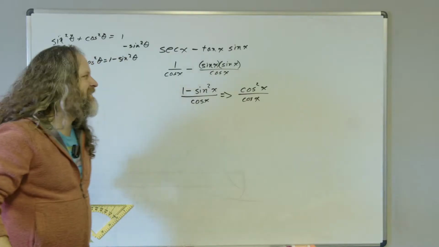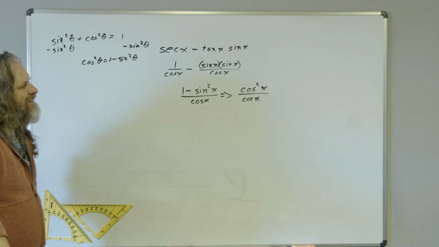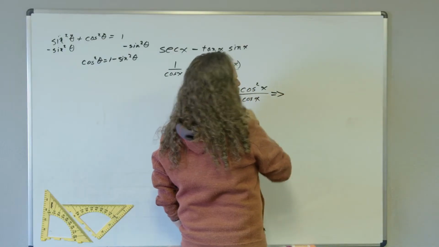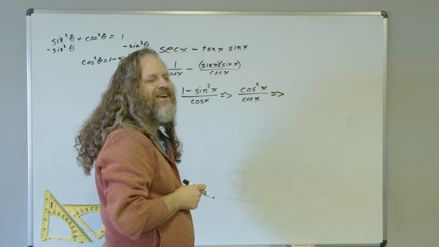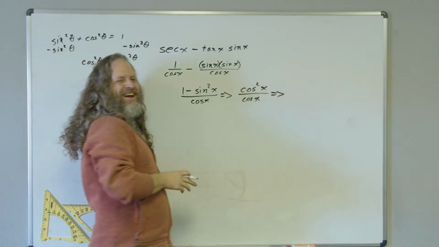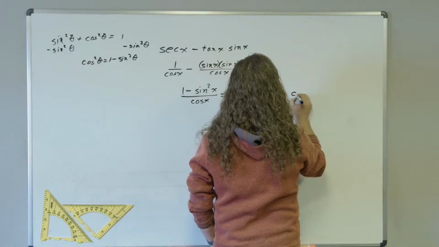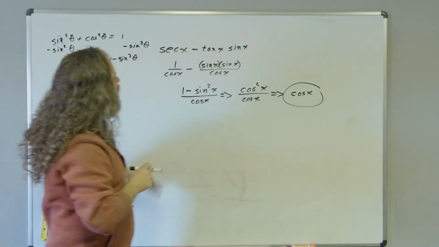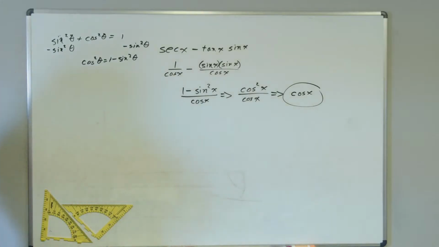So the bottom can go away and the top can go away, because of the square. So all of this equals cosine of x. That's great. Very often, when you're doing one of these where it says simplify, you'll end up with one or two trig functions at the end.